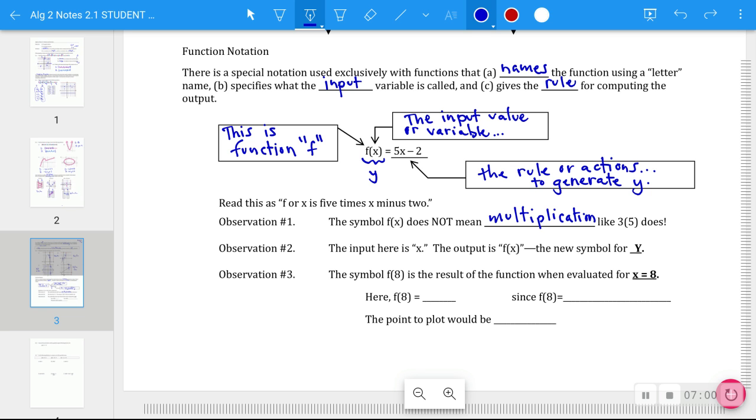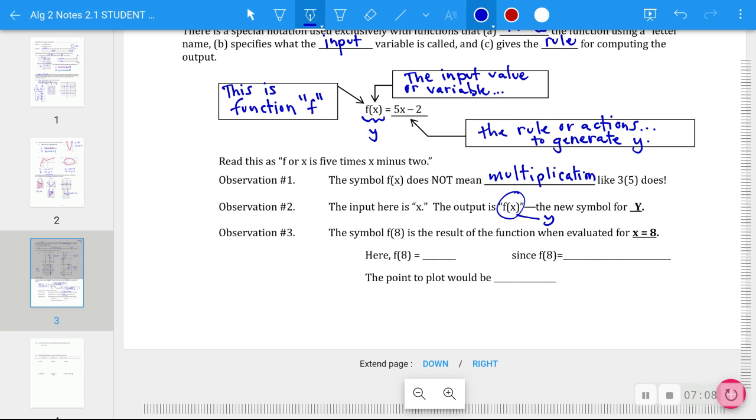The input is x, and the output, f(x), is a y, and you've probably had Algebra 1 teachers tell you to just put a y in place of the f(x). So when you see a number in there, f(8), then they're essentially telling you that x is 8. So in this case, f(8) is going to be 38, and I'll show you the steps there.